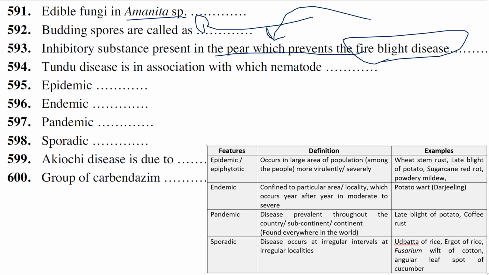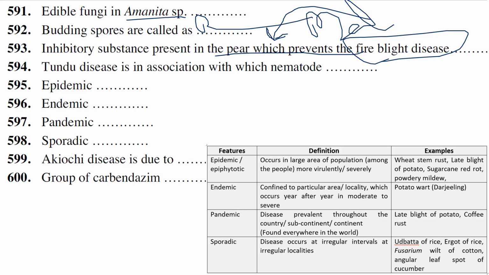Scientists are developing various kinds of resistant varieties by alterations that may produce more malic acid, which automatically helps to prevent fire blight pathogen invasion, right? So the substance present in pear and also apple is malic acid. Due to the presence of more malic acid, it will prevent fire blight of pear and apple.